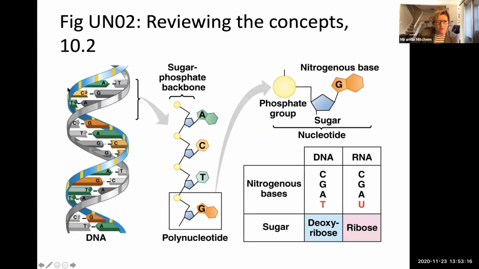Now, there are covalent bonds in the DNA molecule, but they're just not between the nitrogenous bases. They are in the sugar phosphate backbone. Shown here in the yellow and blue, we've got our phosphate group and then the sugar. That is where the covalent bonds that hold a single DNA strand or RNA strand are located, in the sugar phosphate backbone, to maintain the integrity of the sequence.